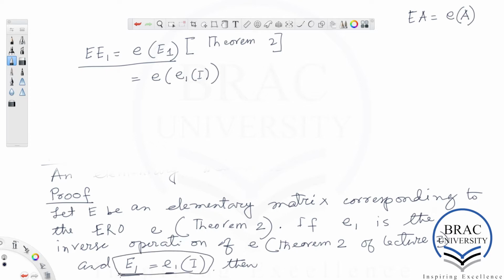From here. And this is nothing but equal to I, since E1 is the inverse operation of E, and by the definition of inverse operation, E of E1 of I is supposed to be equal to I, since E1 is the inverse operation of E.